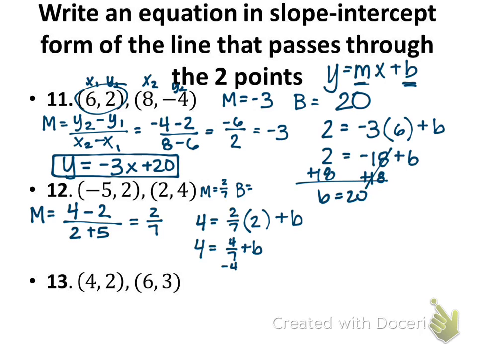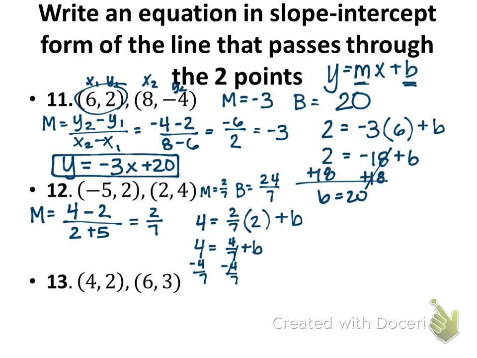All right, so we subtract 4 over 7. What is 4 minus 4 over 7? So multiply the 4 by 7, and the 7 stays the same. Who's got it? 24 over 7. Very good.